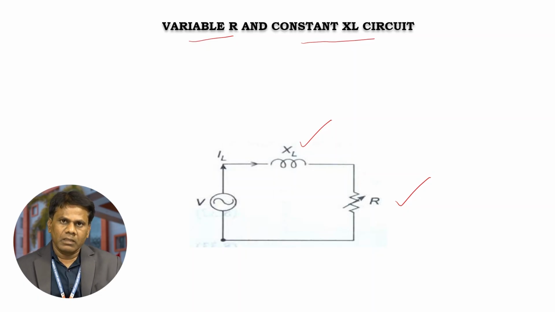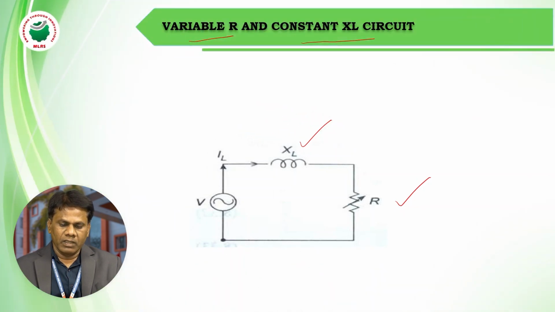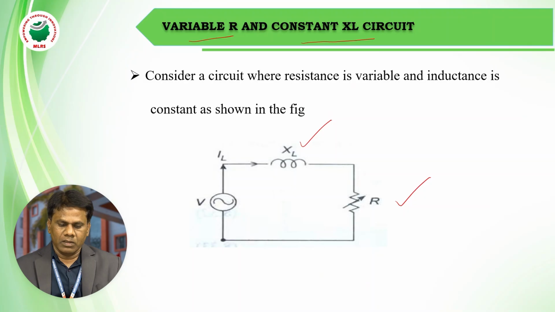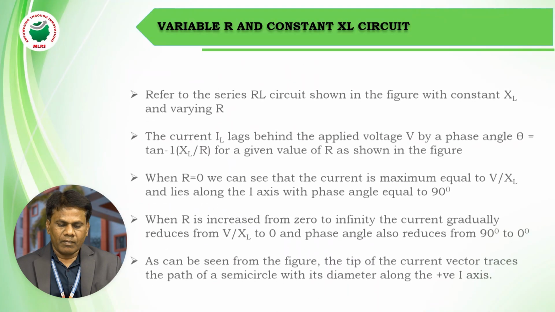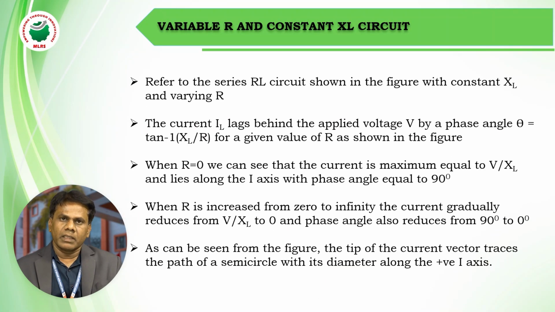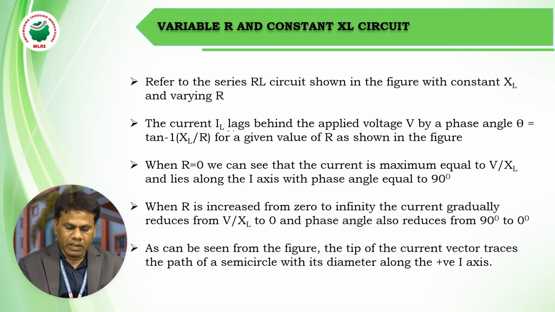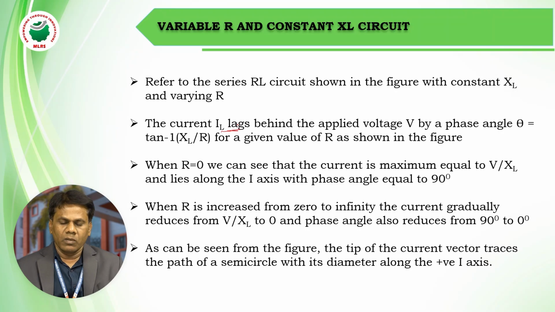For this RLC series circuit, R is varying and inductance is constant. In a purely inductive circuit, the current always lags the voltage by 90 degrees.